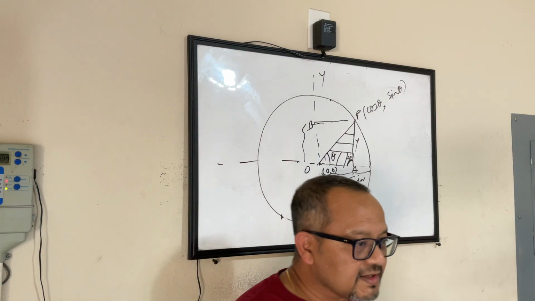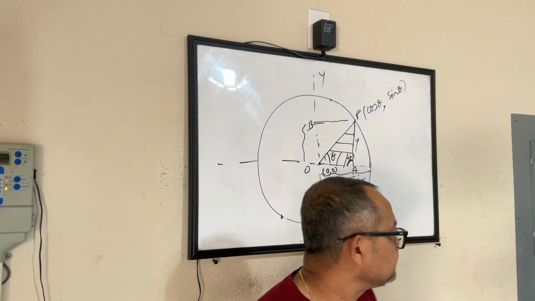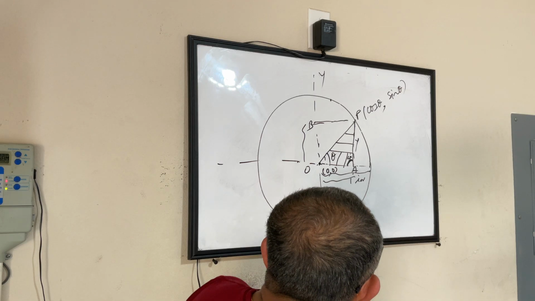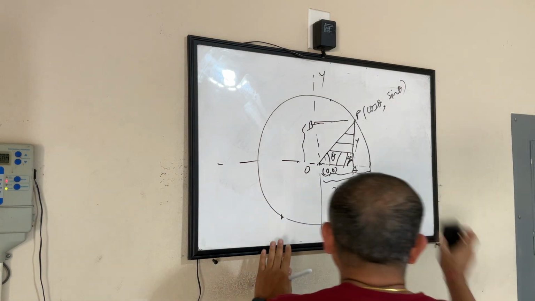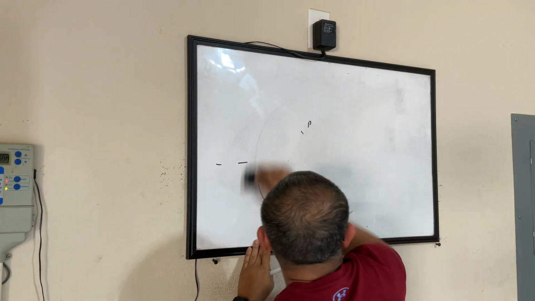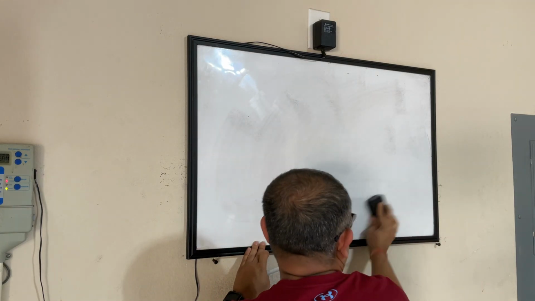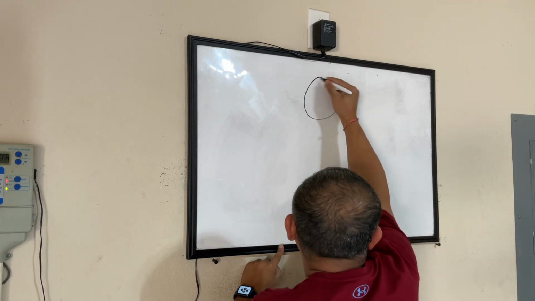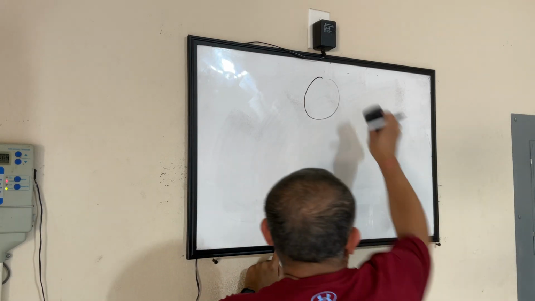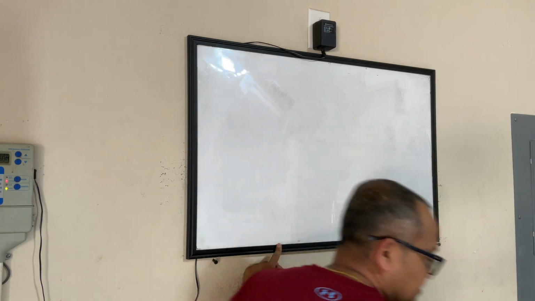Now let's look at some interesting part of it. So let me clean it up. Hereafter, any point on the unit circle, if I have a circle, it cannot be this small, let it be a little bigger.